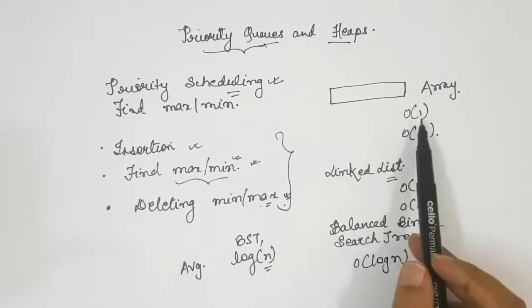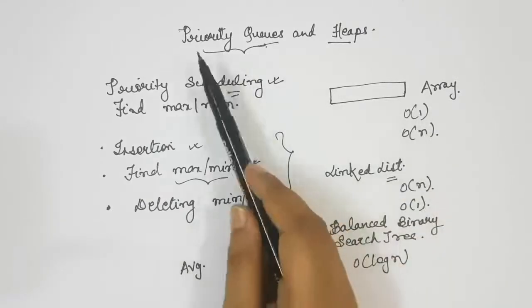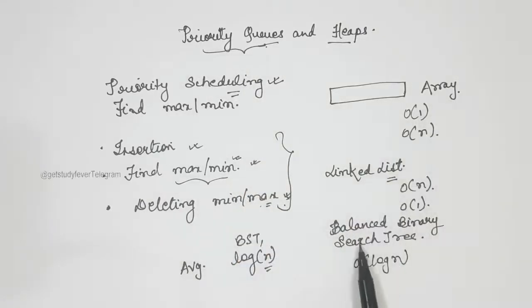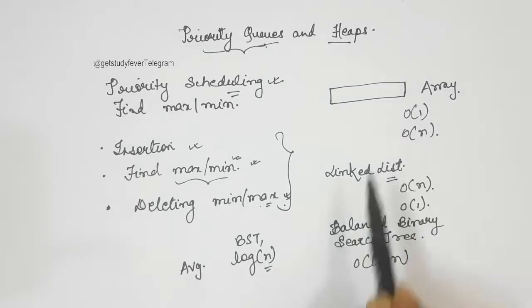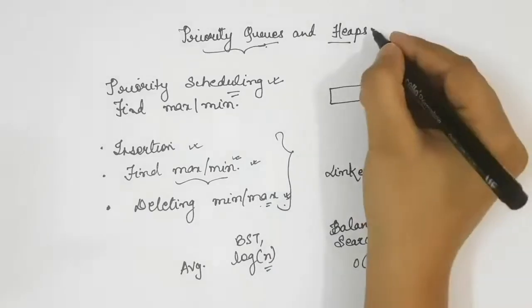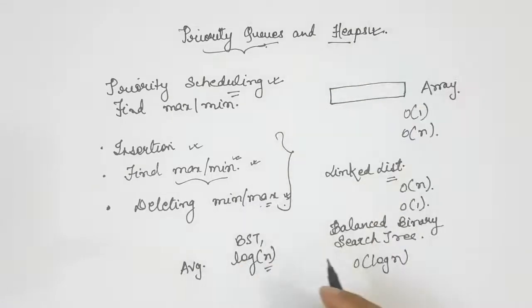So we have seen that if we implement a priority queue using an array, linked list, balanced binary search tree, or binary search tree, we get these time complexities. Now, let's say I introduce a new data structure: heaps.